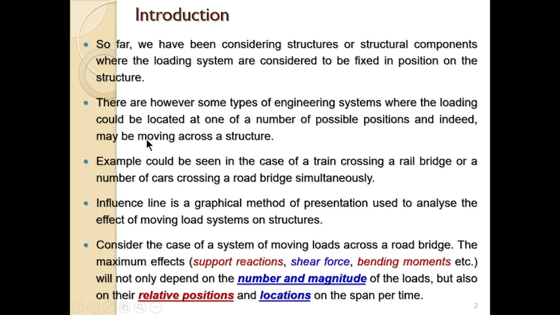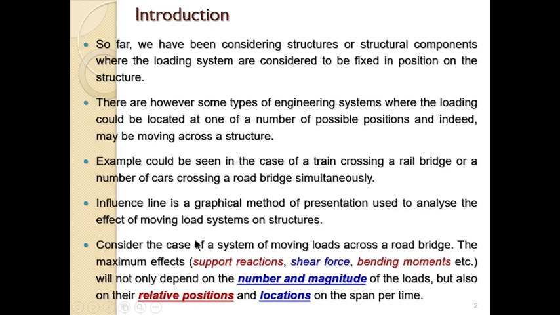Example of such can be seen in a train crossing a rail bridge or a number of cars crossing a road bridge simultaneously. So influence line is a graphical method of presentation that is used to analyze the effect of moving loads on structures. For instance, consider the case of a system of moving loads across a road bridge.